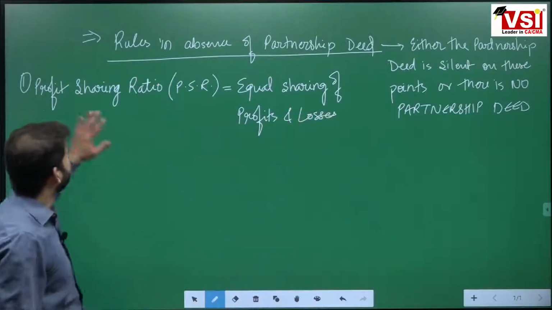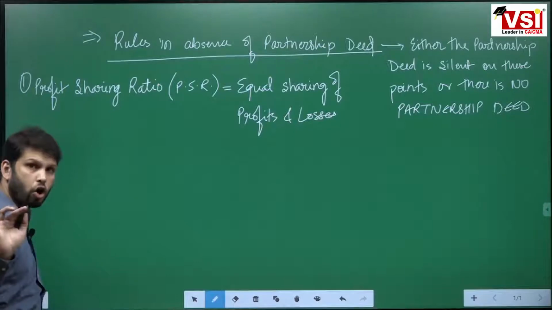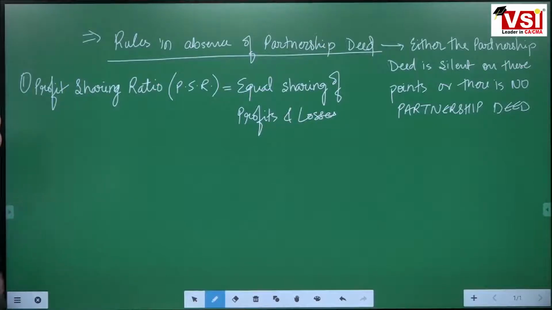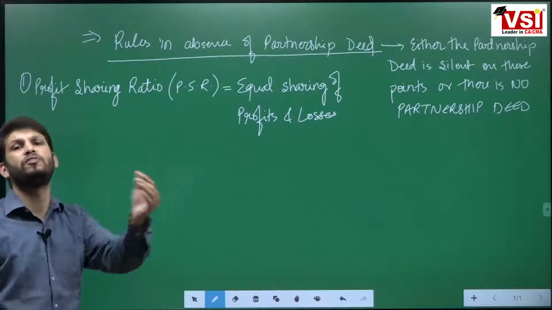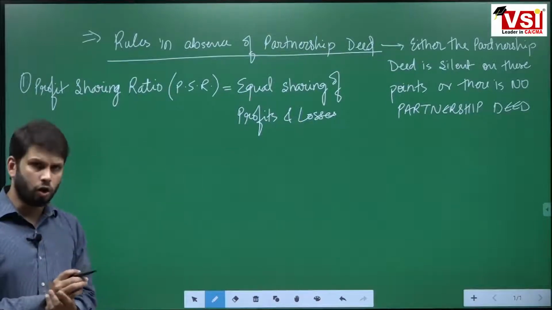The point is, if there is no partnership deed, or if there is a partnership deed but they have not incorporated any provision regarding how they will distribute the profits and losses.